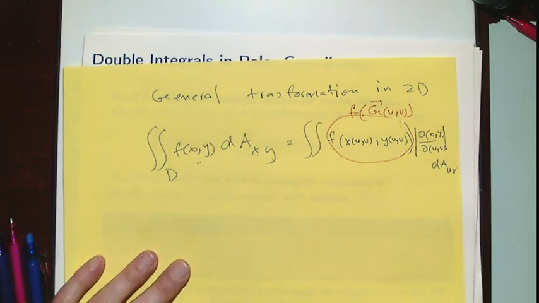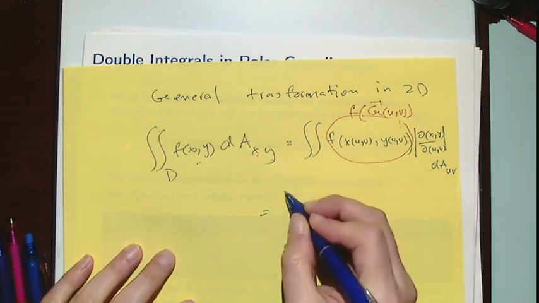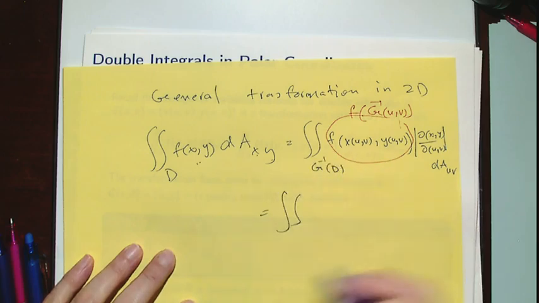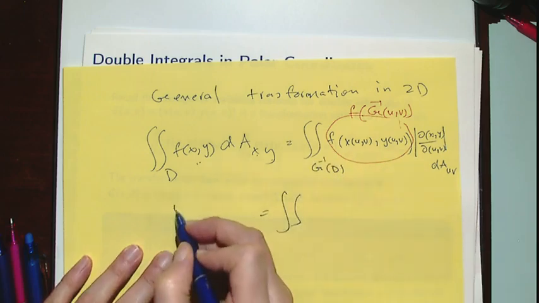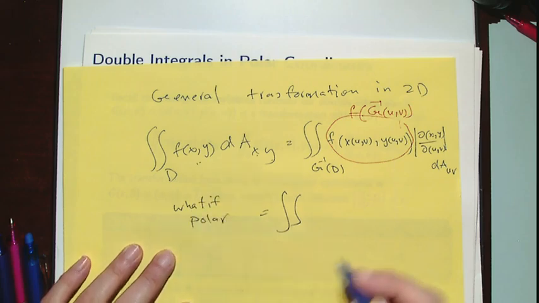Another thing, if this transformation is taking x and y, I mean, replacing x by r cosine theta, replacing y with r sine theta. Oh, this I forgot to put in, g inverse of D. What if it is polar?